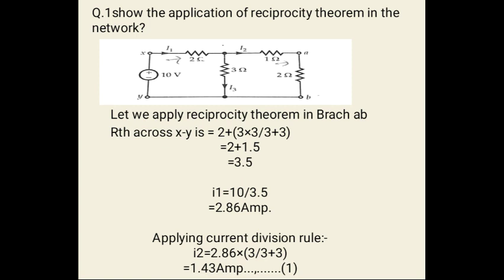Now the source current delivered is V upon R, where V is 10 volt and R is 3.5 ohm. So I is 2.86 ampere. Now, applying the current division rule, we find the value of current in the 2 ohm resistance. I2 is equal to 2.86 into 3 upon 3 plus 3. So its value is 1.43 ampere. Equation number 1.